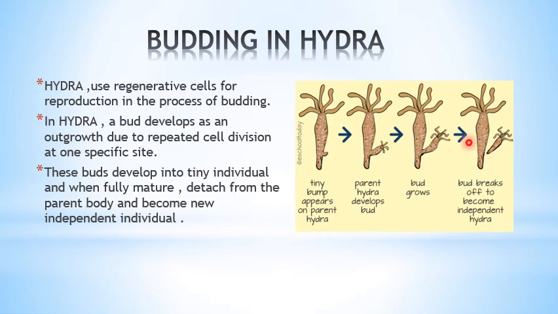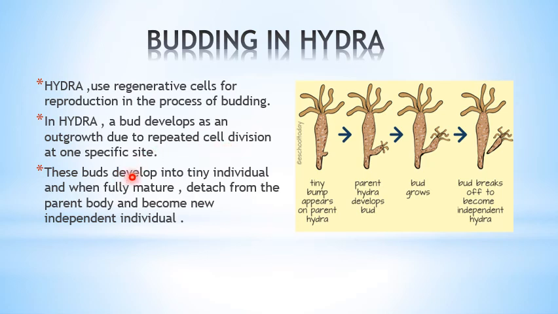So this is about budding in the hydra, that hydra uses regenerative cells by which they can form new cells for reproduction; the process is known as budding. In hydra, the bud develops as an outgrowth due to repeated cell division at one specific site.